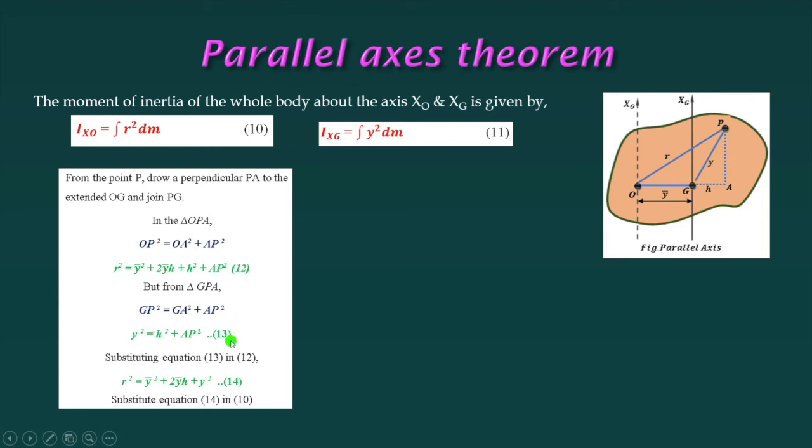This is equation 13. Now in both equations AP square is there, so substitute these values and omit AP. Then we get r square equals y bar square plus 2 y bar h plus y square.